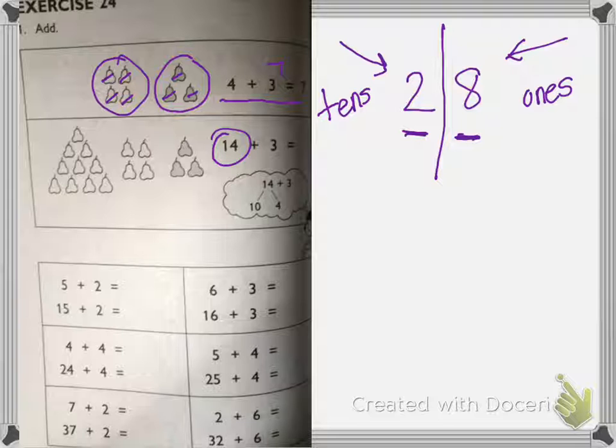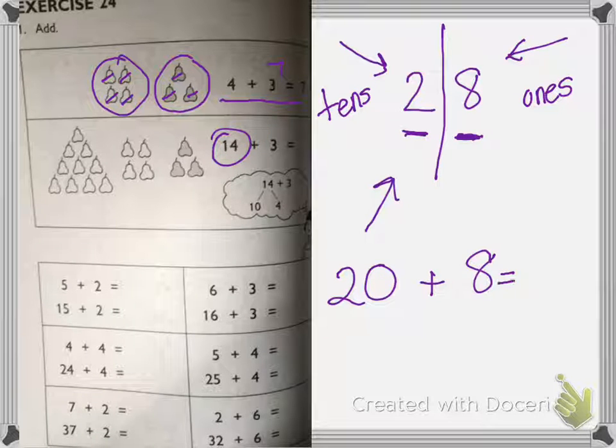O-N-E-S spells ones. Now, on this side, how many tens are in 28? 2 tens, 10, 20. So 2 tens make 20. And then on this side, there are 8 ones. 20 plus 8 is 28. Do you see how that works?